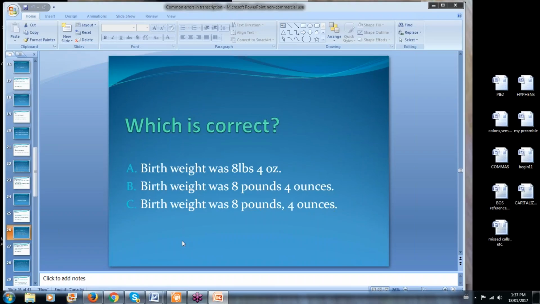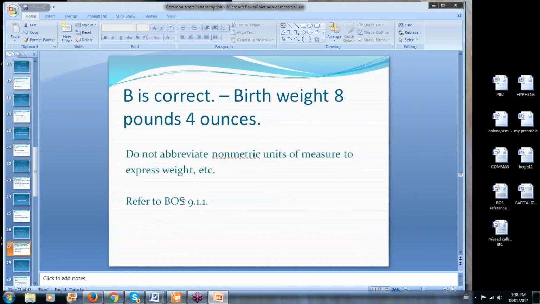It'll show you that in the BOSS reference. So never, for non-metric units of measure, do not abbreviate, okay? And when you're talking about birth weight, you don't separate the two. You don't put a comma in there. And like I said, you can check out BOSS 9.1.1.